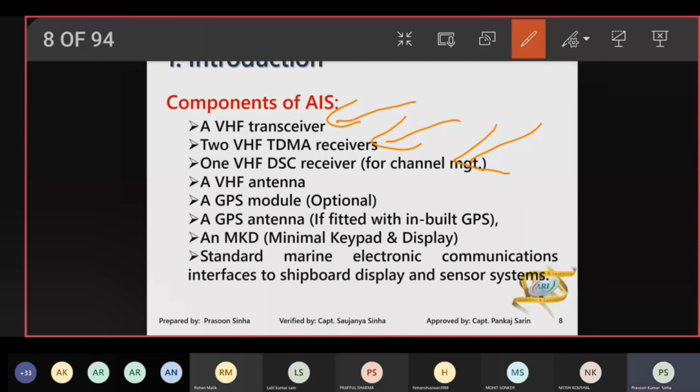Now the AIS has to collect data from other devices because it has to transmit. It has to transmit your gyro course or heading. कहाँ से मिलेगा भाई इसको? तो gyro से मिलेगा. तो gyro का इनपुट भी AIS को देंगे, GPS का इनपुट भी देंगे, स्पीड लॉग का इनपुट भी देंगे.